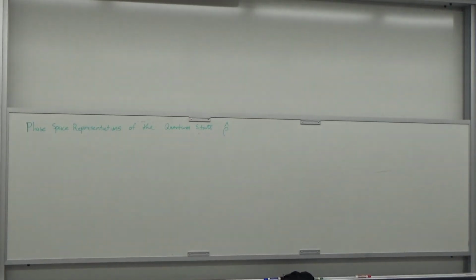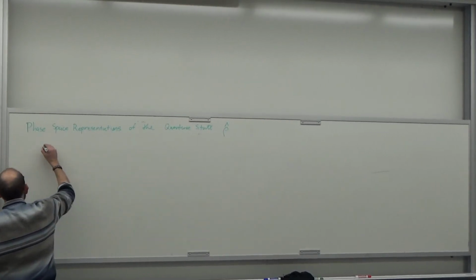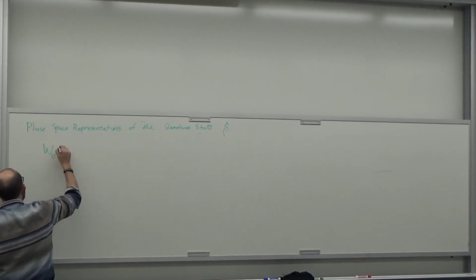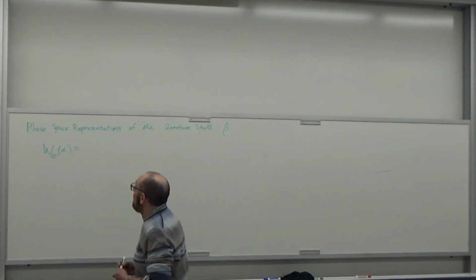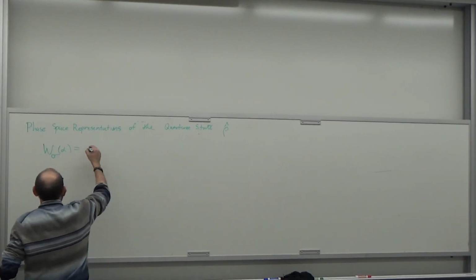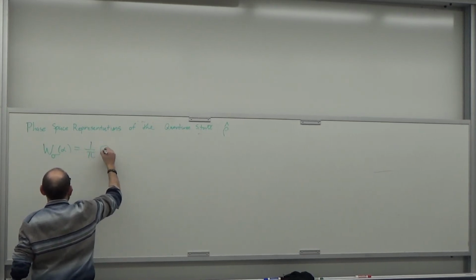Okay? So, the way it's defined, we define these things and call them W sub sigma, which is just equal to, with a factor of normalization, rho.